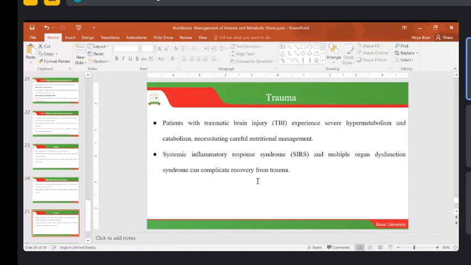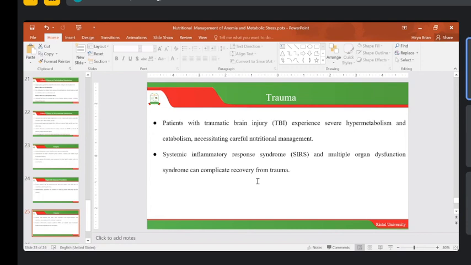Okay, so under trauma, for patients with traumatic brain injury, what we call the TBI, these ones experience hypermetabolism. And when we talk of metabolism, we are talking of both catabolism and anabolism. Anabolism building, catabolism breaking down. I think that is on a layman's language in our understanding. Let's go with that.